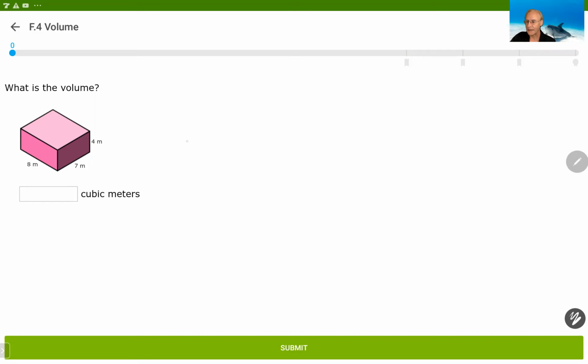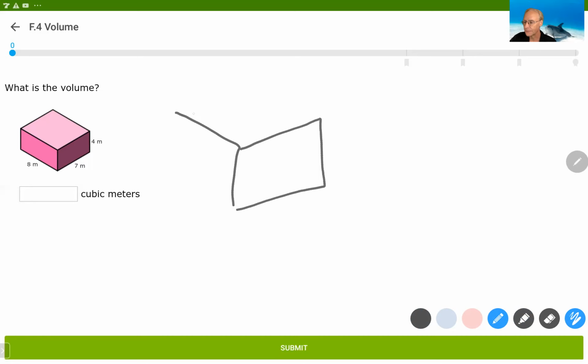One way to look at it is to think of it like this. I've got this big box, and a really good way to visualize it is to imagine a little box down here. That's 1 cube.